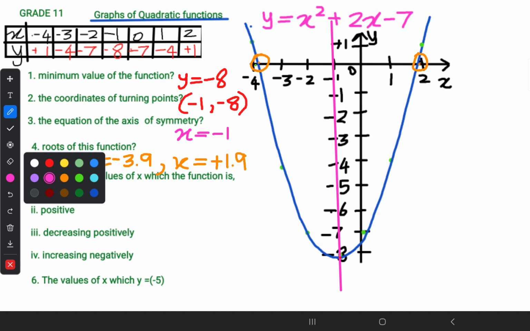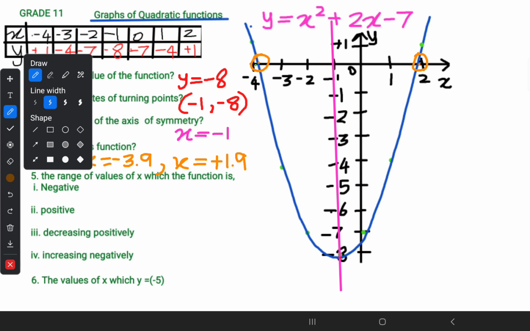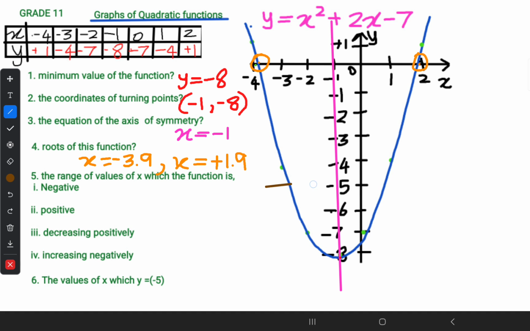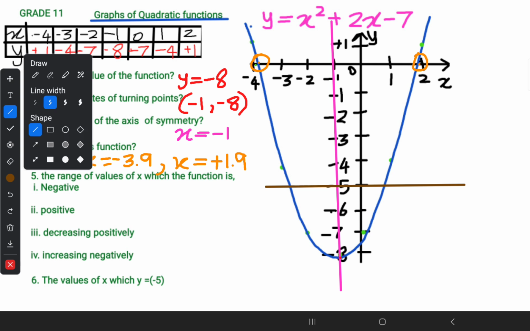Okay. For the next one, to find the ranges. Before starting to find the answer for the fifth question, I will try question 6. For that sixth question: the values of x for which y equals negative 5. When y is equal to negative 5, what are the x values? That's our question. So what you have to do is, through y equals negative 5, draw a straight line using a ruler.